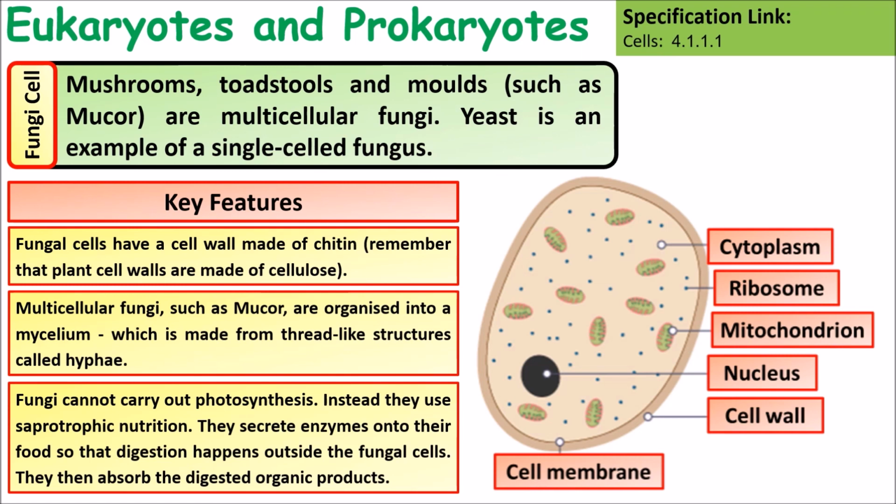Multicellular fungi spread out using hyphae. And fungi cannot carry out photosynthesis, so instead they use saprotrophic nutrition, so they secrete enzymes onto the food which digest it, then they absorb the nutrients.